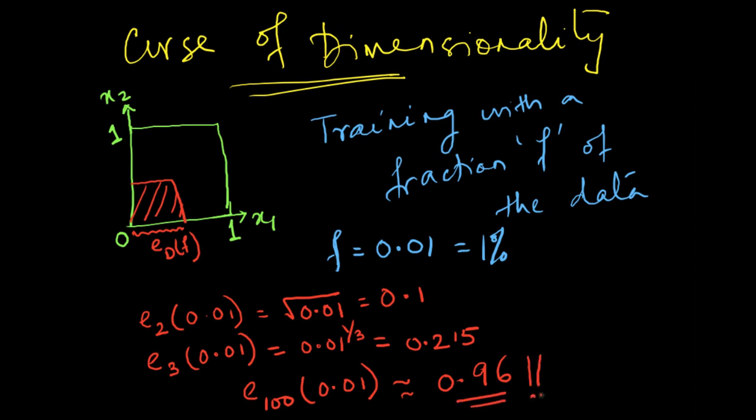So as you can see, as you increase the dimensionality of your feature space, meaning that you have more and more features to worry about, the size of this box that you're taking becomes larger and larger. Although the effective volume of the training data box remains 1%, the size along any one feature becomes very, very large, almost close to the entire range of values.